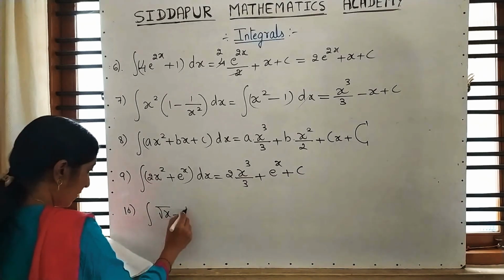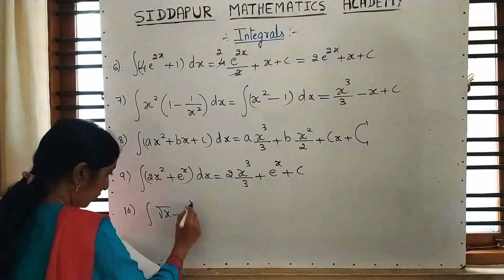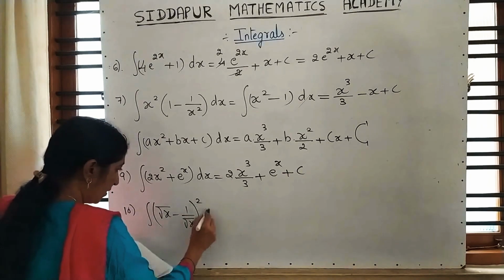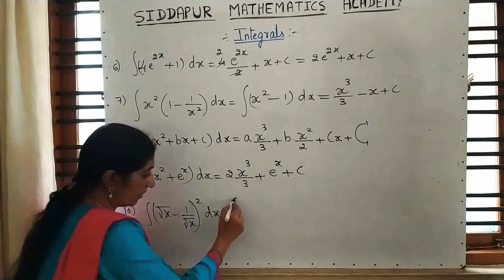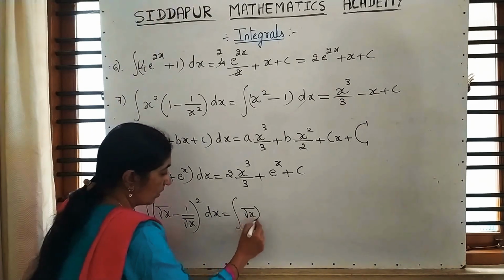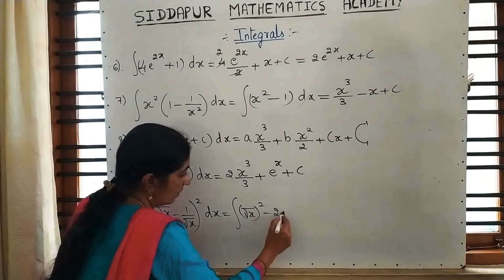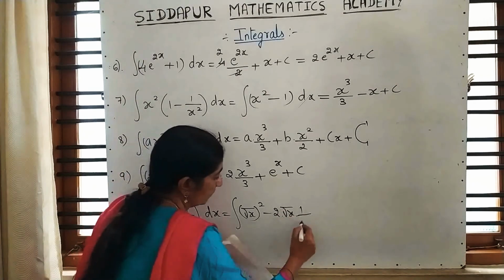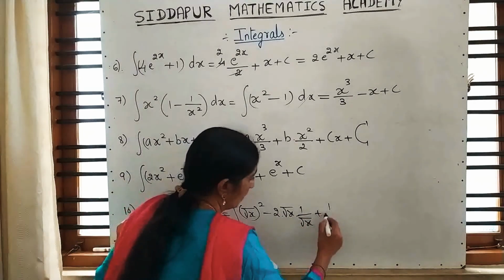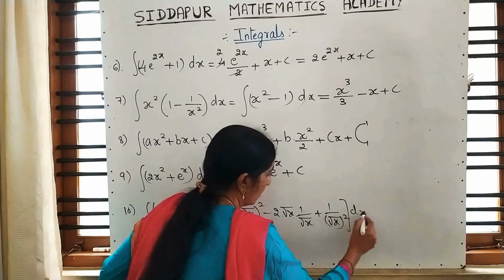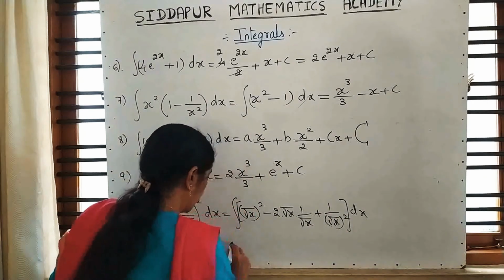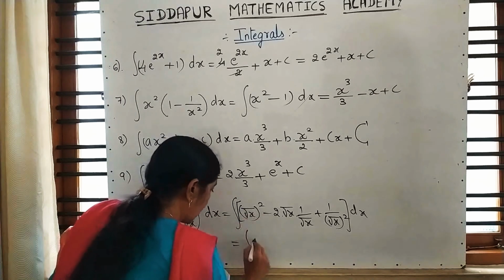Root x minus 1 upon root x whole square dx. It is in the form of a minus b whole square. A square minus 2ab plus b square. This is before integration. Square root and square gets cancelled.